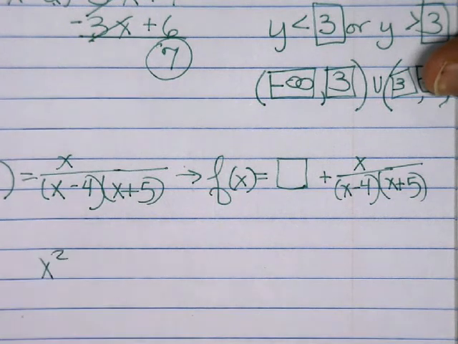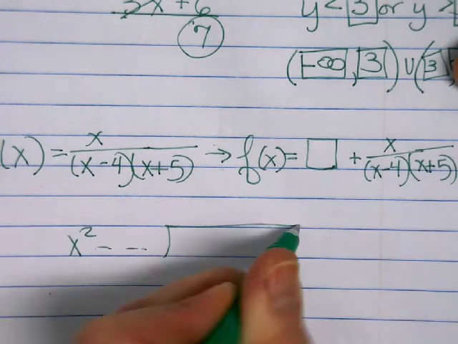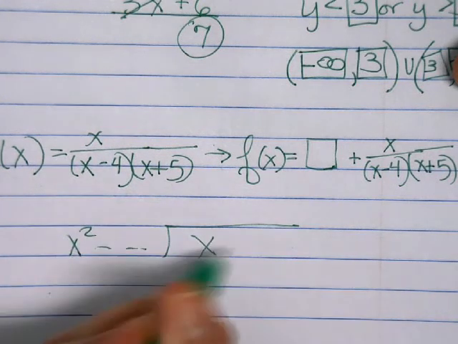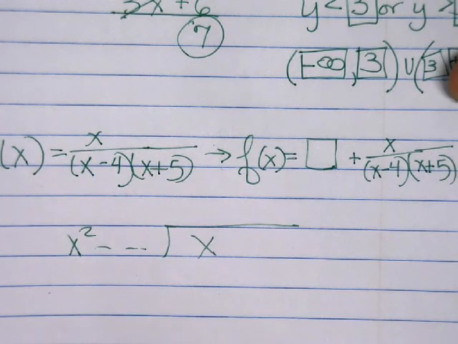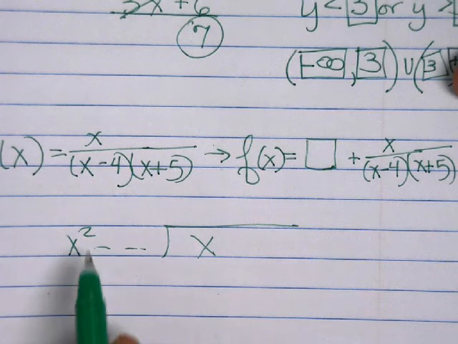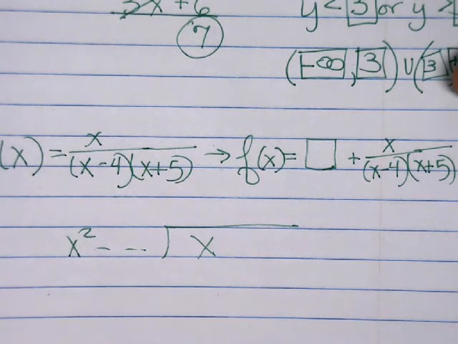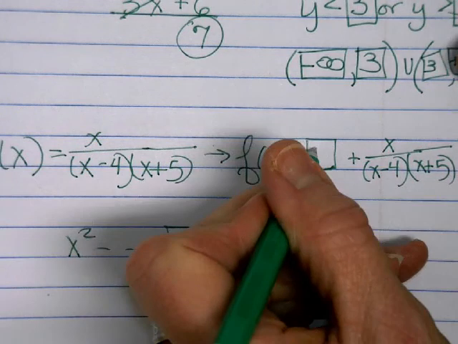Here's the secret. If I multiplied this out, that's x squared. And that means x squared would be my divisor. And if I ask myself, how many x squareds are in x? Could you answer that question? Can I multiply x squared by anything to get x?